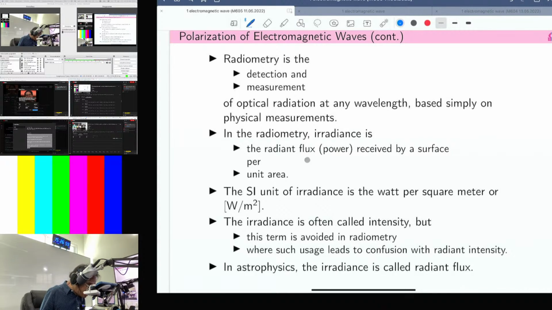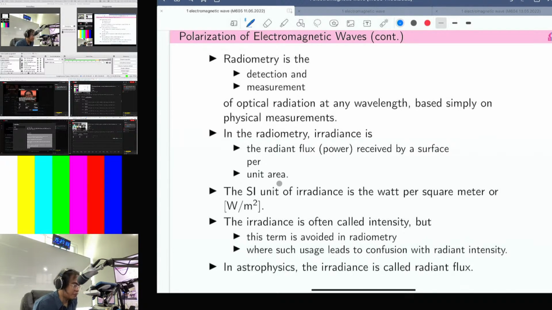Irradiance is the radiant flux received by a surface per unit area. So flux could be the power, and the unit of power is the watt, right? Here we talk about unit area, so the unit of the area is square meter, right?